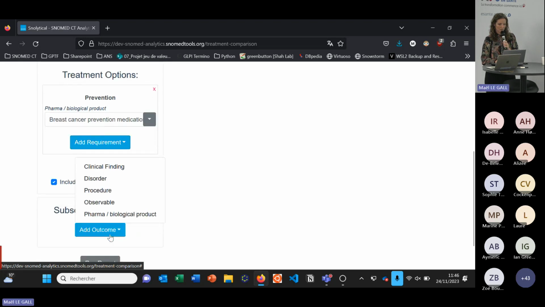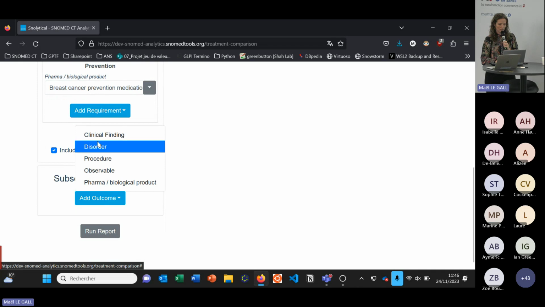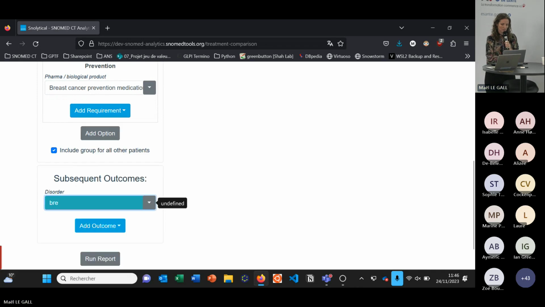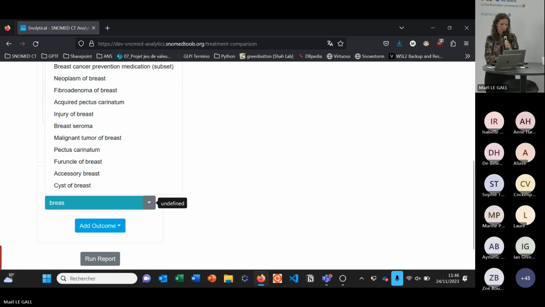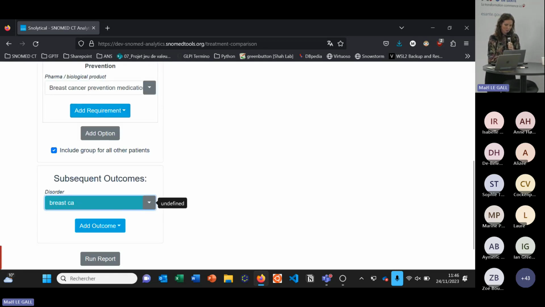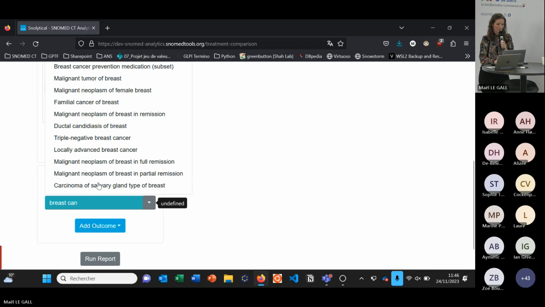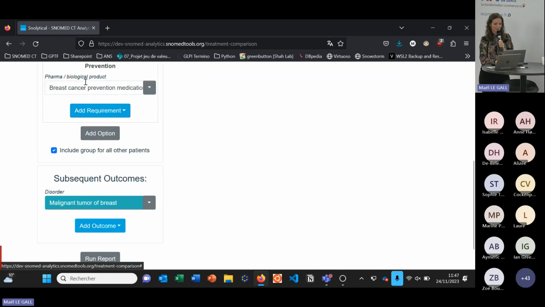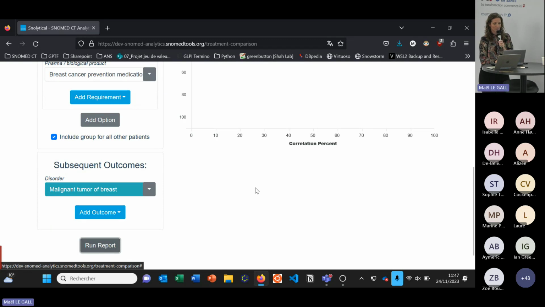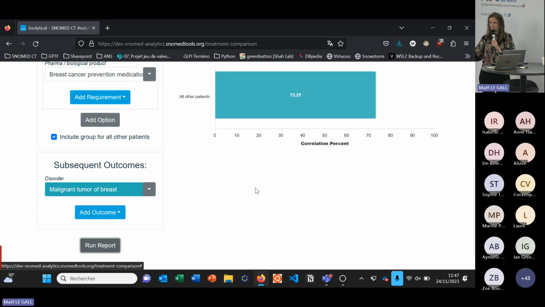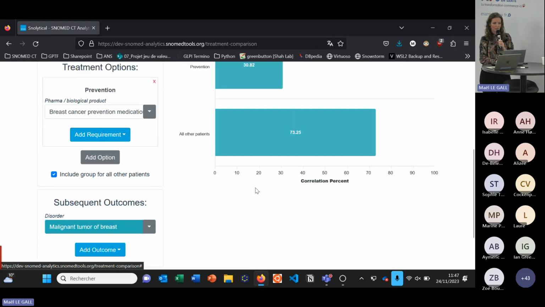And I want to figure out who gets a malignant neoplasm of breast. As you see, I'm typing in breast cancer. Remember what I said before about what you search for and what you show. Here I search for breast cancer, but I get malignant tumor of breast, and that's what I want. So now I will run the report. You could also configure a system to show the synonym breast cancer if that was what you preferred. So that's the design decision.